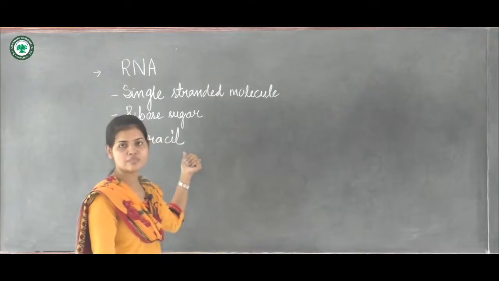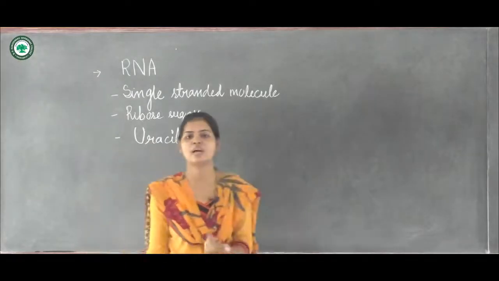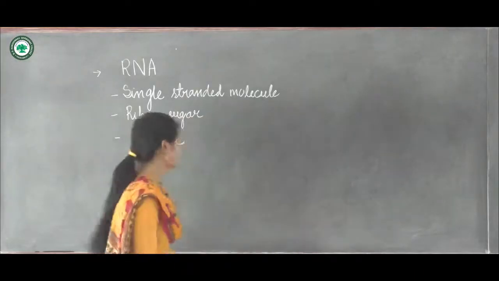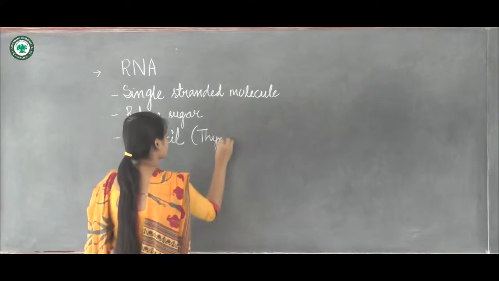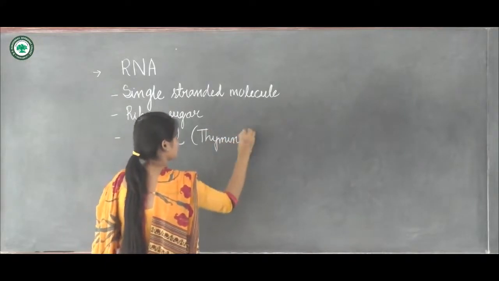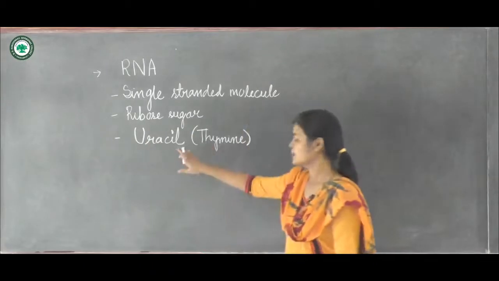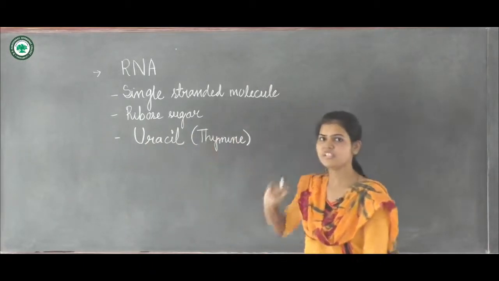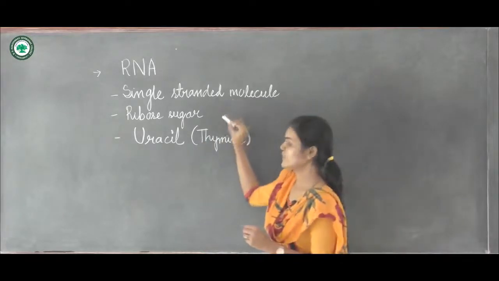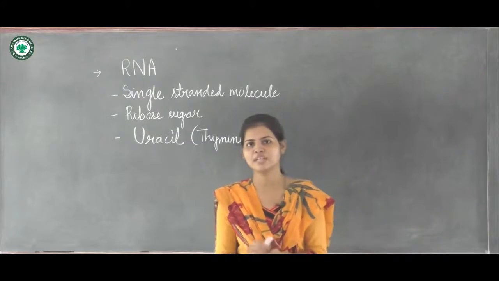In the case of DNA, instead of uracil, there is thymine. So in RNA, the nitrogenous base is uracil. So these are the three properties of the RNA which are different from DNA.